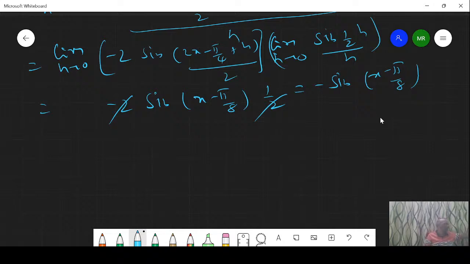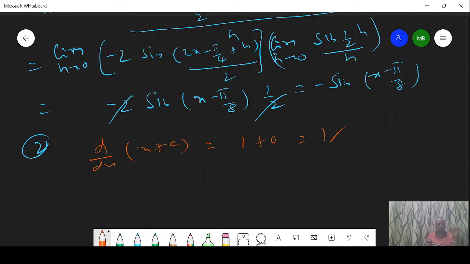What is d by dx of x plus a, where a is constant? The derivative of x is 1, of the constant is 0, so it comes 1. They need us to use first principle. Directly I can do this: x plus a, derivative of x is 1. I can do like this.